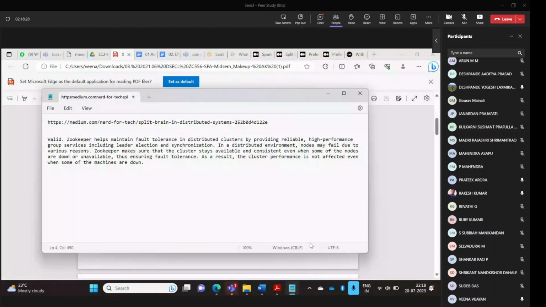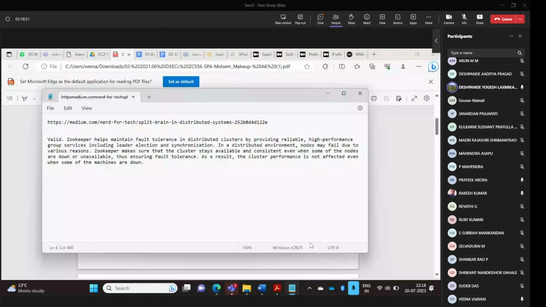But it's a good explanation. Yes, it takes care of all the coordination among the nodes in a distributed environment, like which nodes are available, which nodes are down, all the synchronization, notification, even the leader node selection.